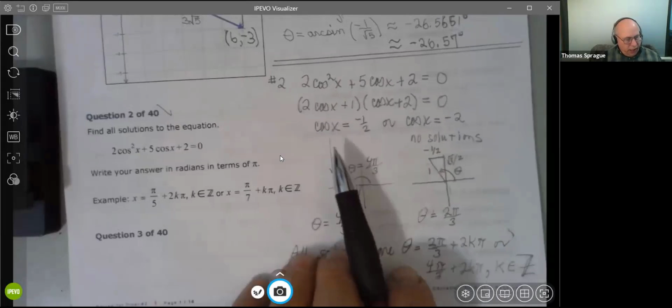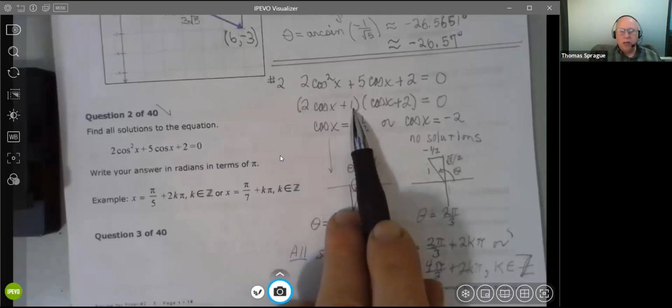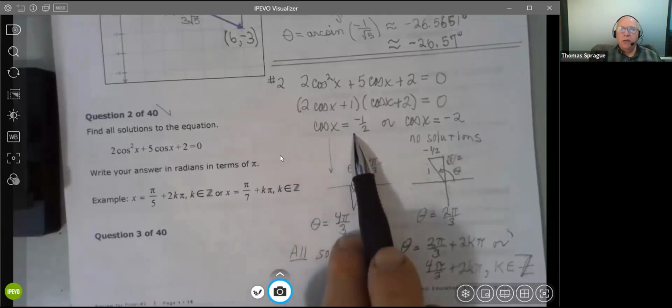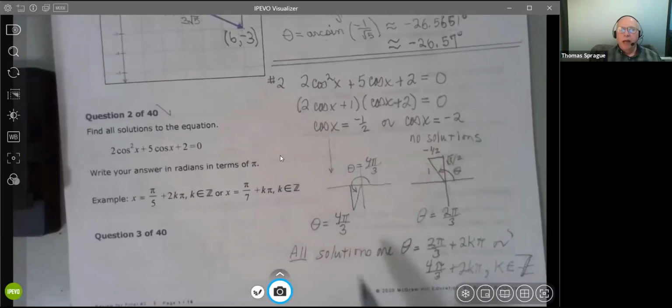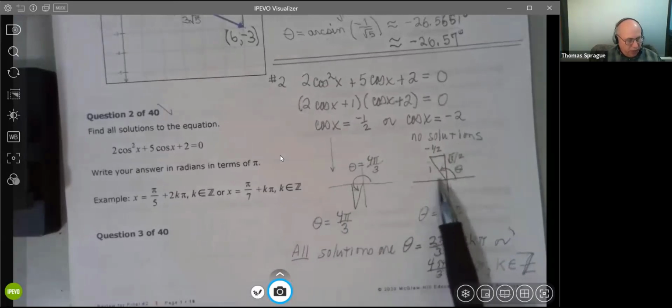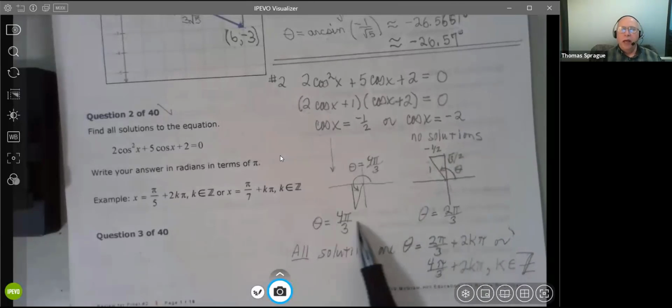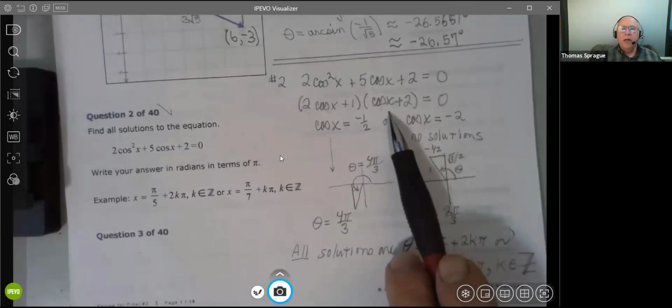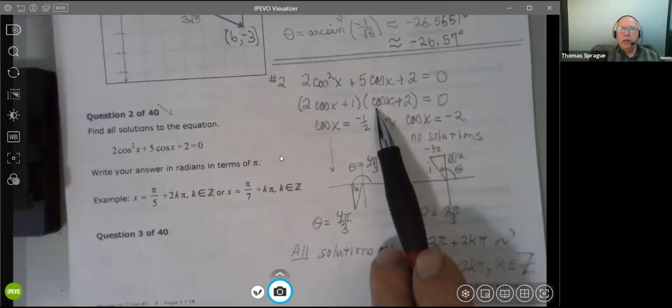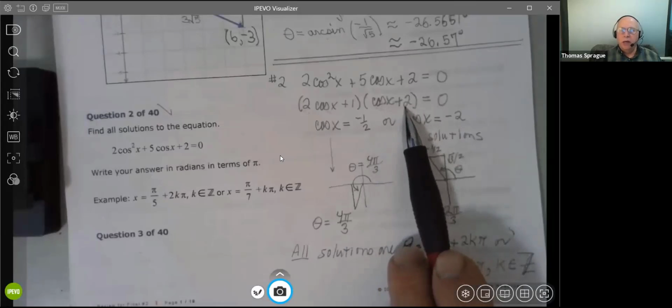Then you set 2 cosine of x plus 1 equal to 0, so cosine x equals minus a half. And there are 2 solutions to that: 2 pi over 3 and 4 pi over 3. From the other factor, we'd want cosine of x plus 2 to be 0.